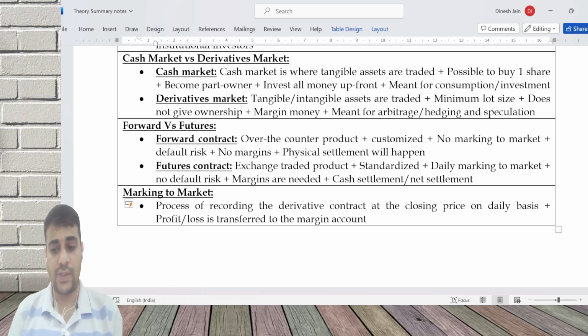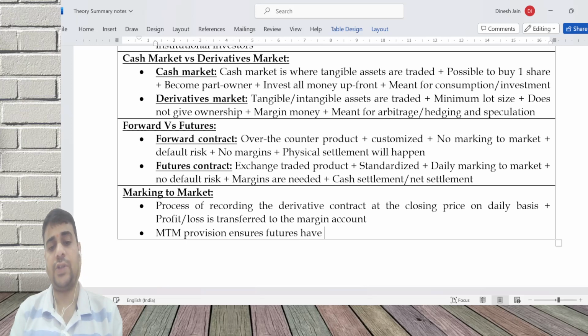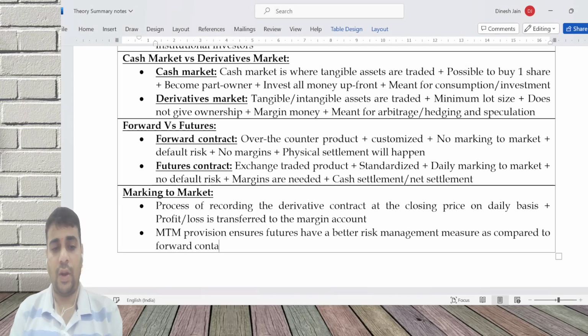The MTM provision ensures futures have a better risk management measure as compared to forward contracts.